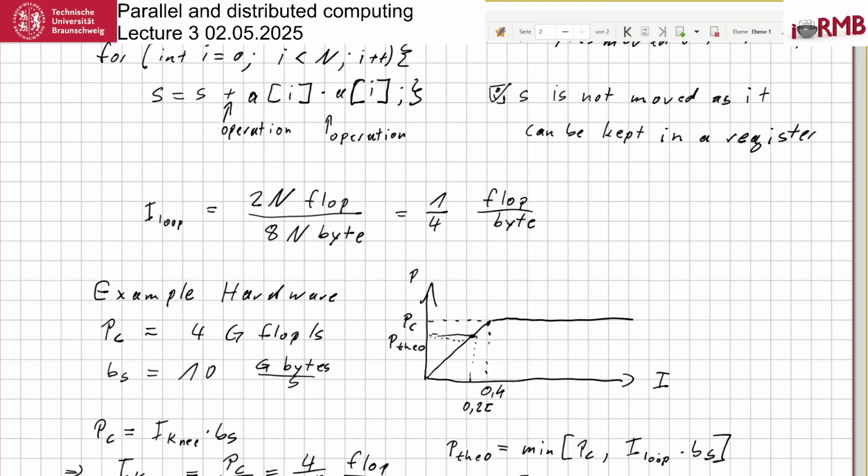So the loop was one quarter flop per byte times 10 gigabytes per second. I'm running out of space.